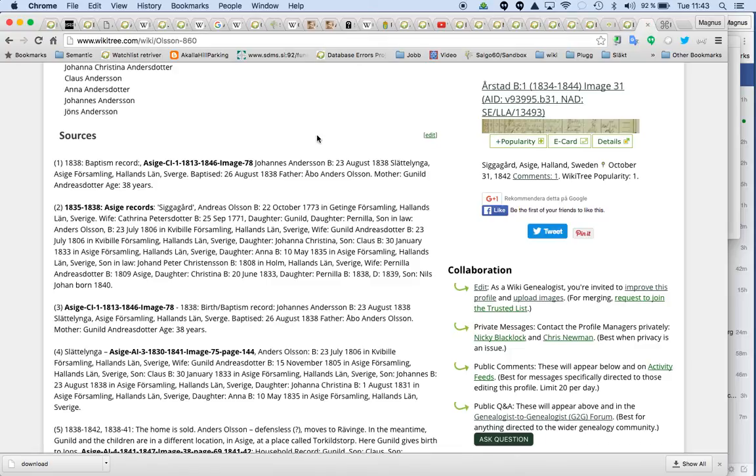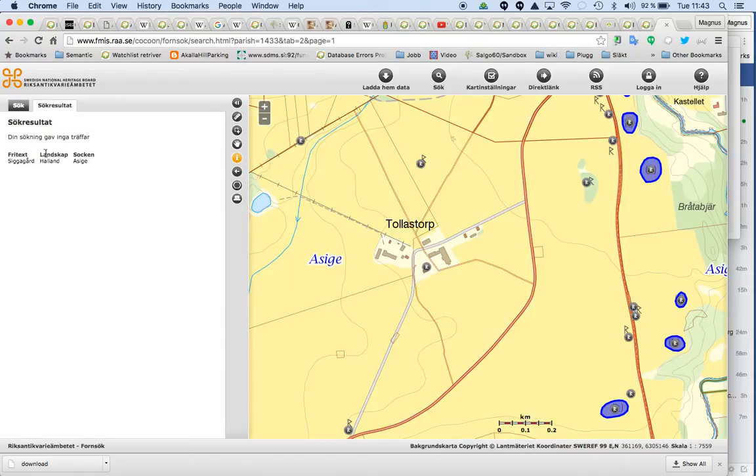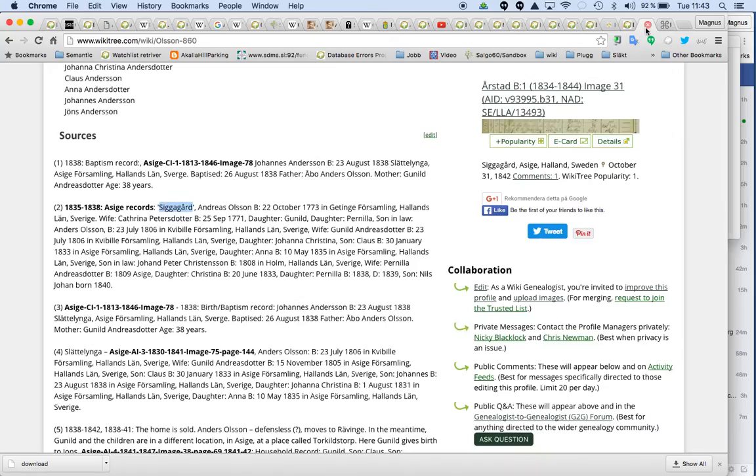Siggagården maybe. No hit. If we could do Slätlynga.